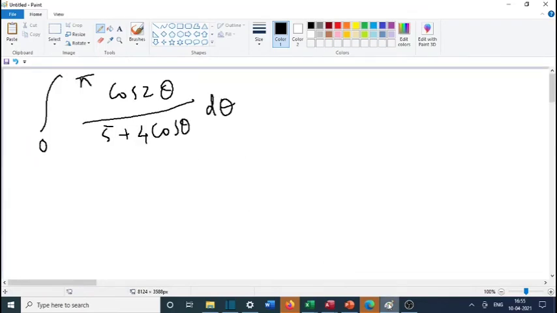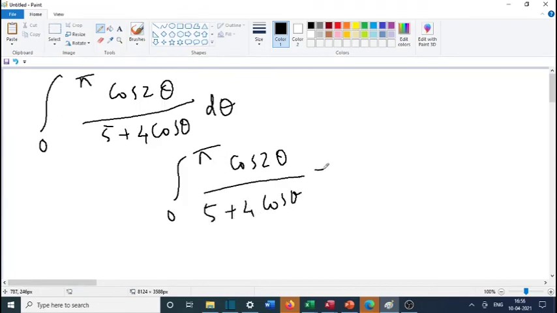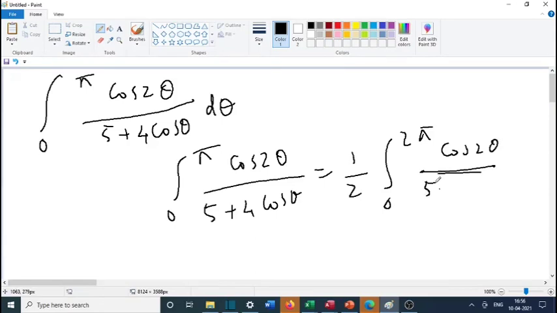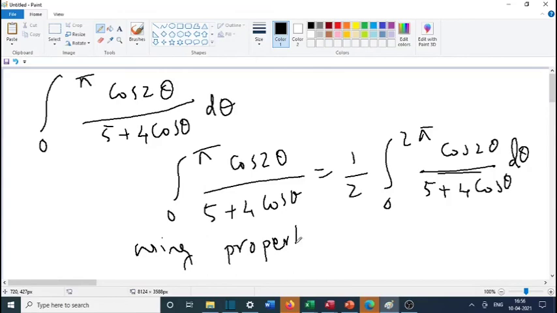In the third problem, the integral from 0 to pi of cos 2 theta by 5 plus 4 cos theta, we have to use the properties of definite integral. The integral from 0 to pi of cos 2 theta by 5 plus 4 cos theta d theta is equal to 1 by 2 into the integral from 0 to 2 pi of cos 2 theta by 5 plus 4 cos theta d theta, using properties of definite integral.